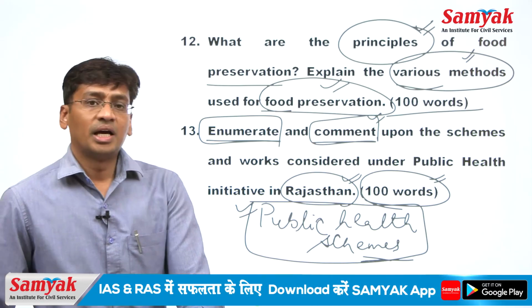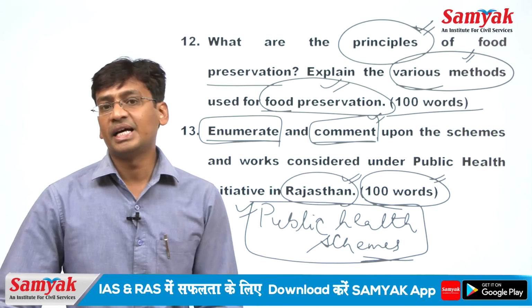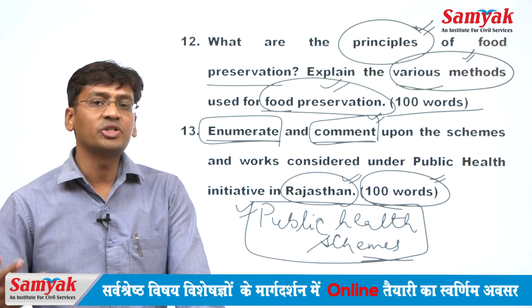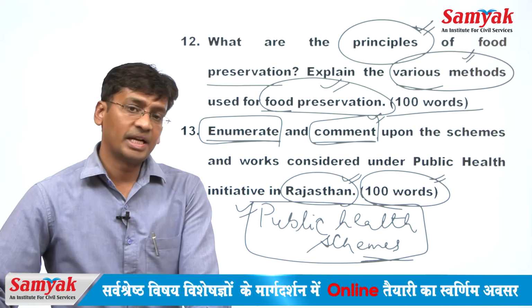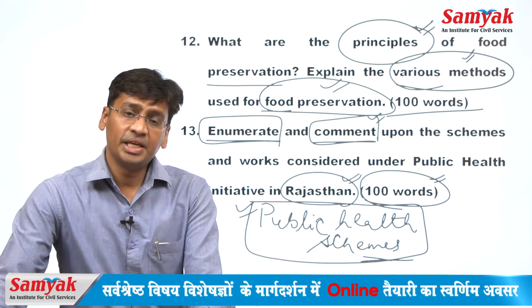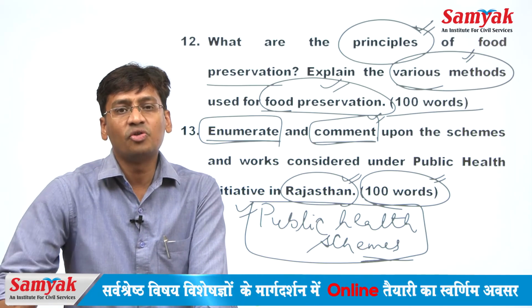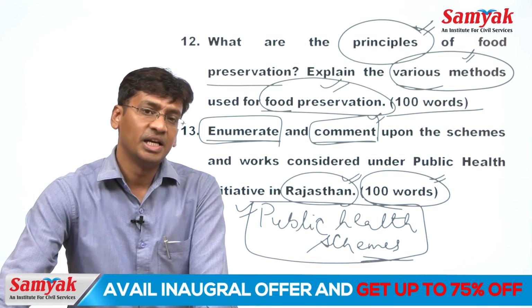So, dear friends, this section is very important, as if one wants to enter into the civil services or become an RS officer or an IAS officer, he or she cannot skip this part, because it has a good weightage and it is highly scoring.